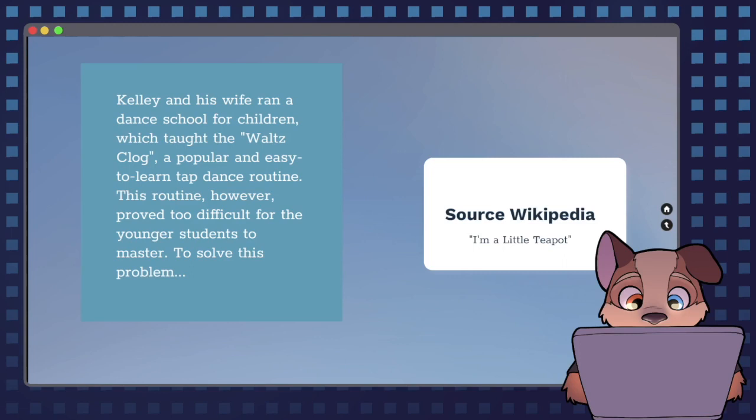And I love this, because this leads into how you solve the problem that is laid out in these 3-step components. And so this is actually the history behind the popular children's song, I'm a Little Teapot.